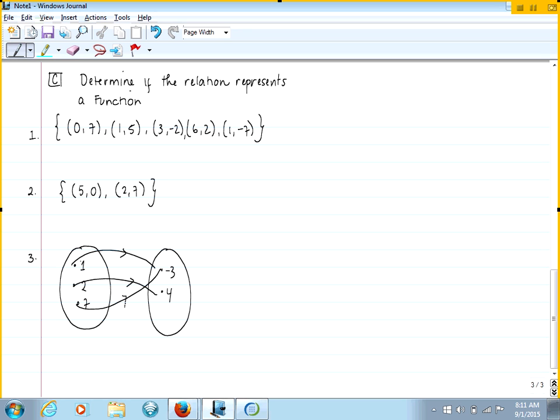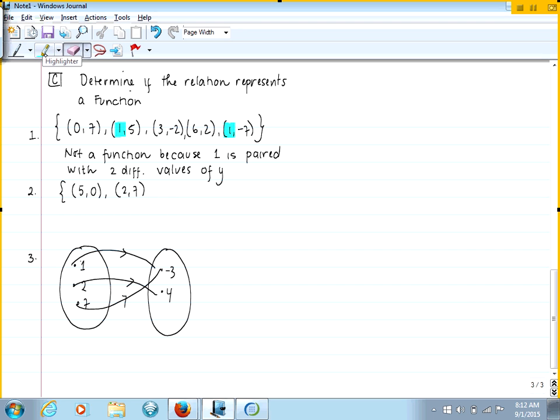So number 1, is it a function or not? No, why not? The 1 is paired with 2 different values, right? So not a function, because 1 is paired with 2 different values.